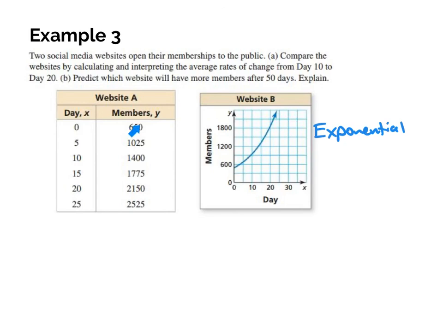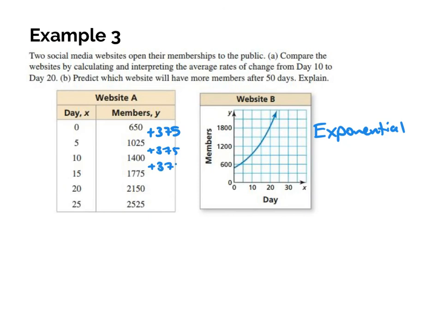So if I were to compare these points, I'll see that they're getting bigger. If I look at, let's say, 650 to 1,025, obviously I'm going to have to add a value. If I were to figure that out, I would add 375 to get to that number. Now, if I add 375 again, I would get to 1,400.